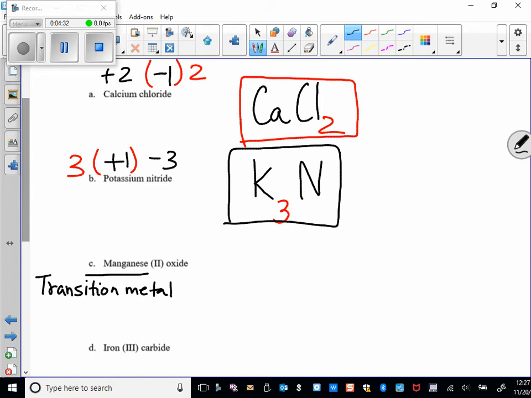No. Let's read the name of the compound again. Does anybody know what the charge on manganese is by looking at the name? Look at the name again. Who can figure out what is the charge on manganese? Yes, Daniel. It is a positive 2. How did you figure that out, Daniel?